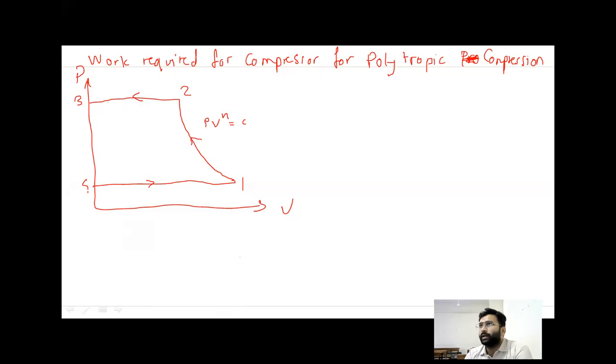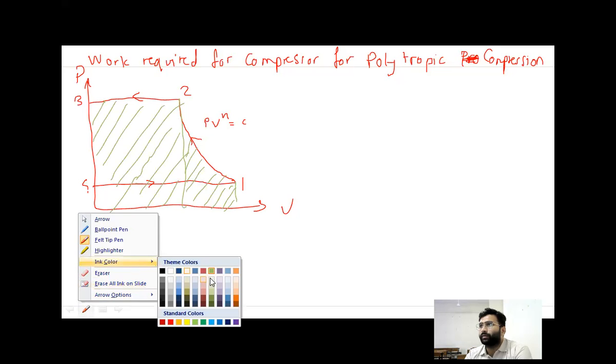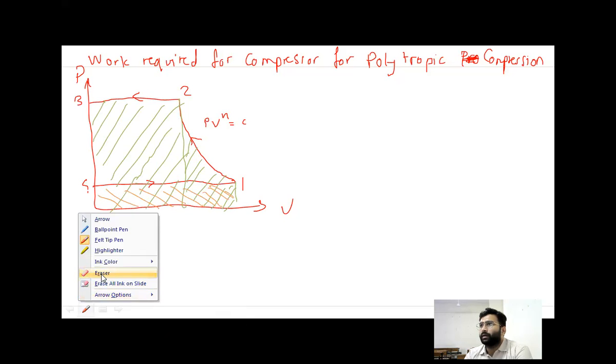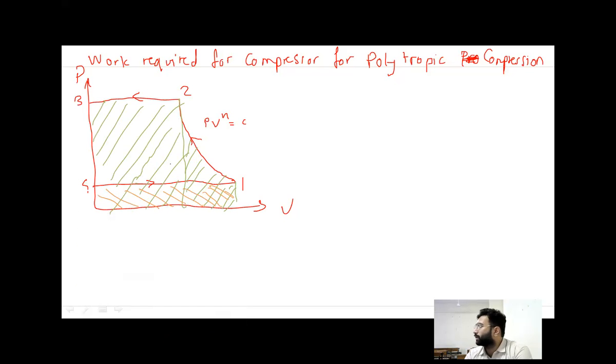First we will take the area under this, then we will take the area under this. After that, we are going to delete this much area, so that the remaining work area is left. Everybody understood this area?